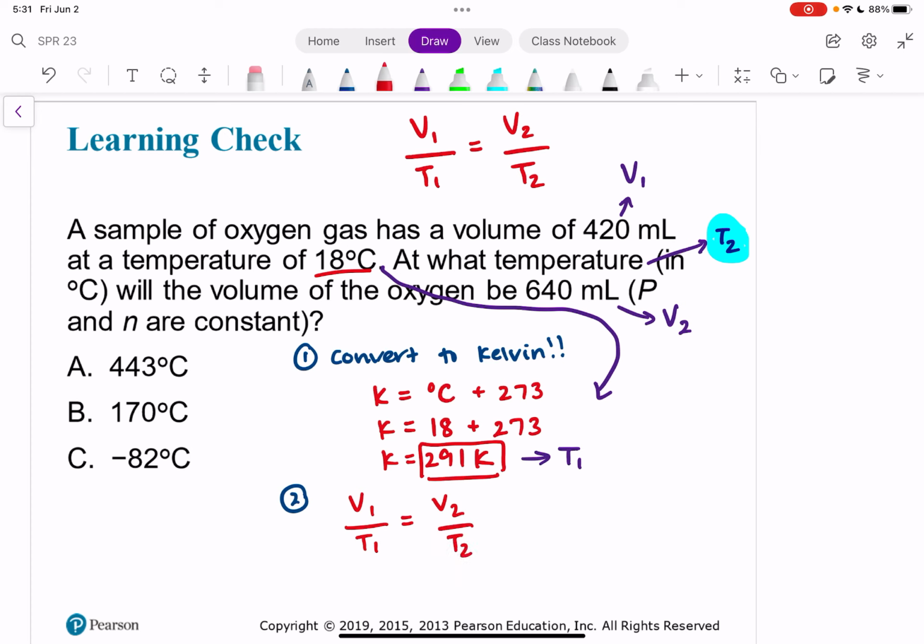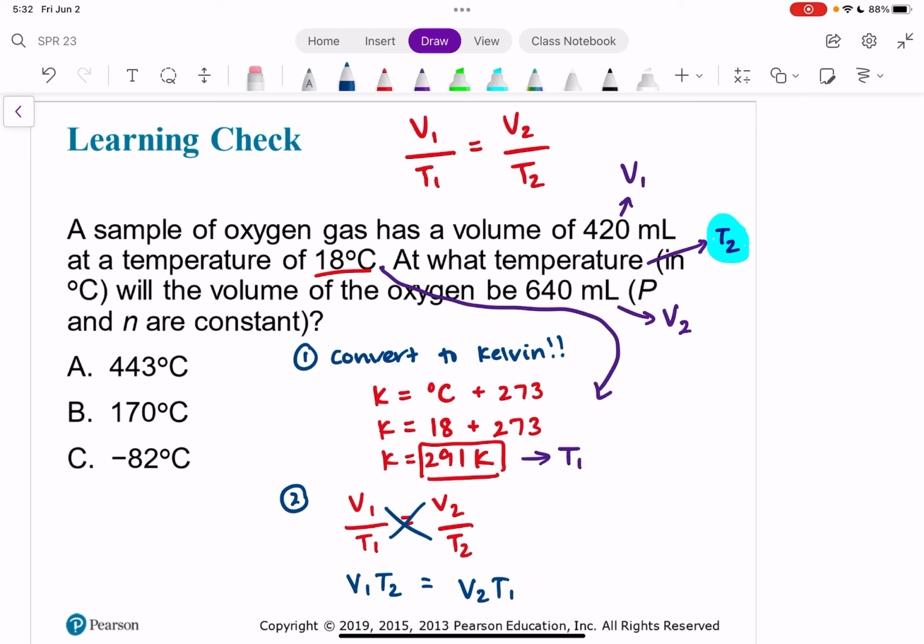I'm going to solve for my unknown variable first. So remember, you can cross multiply in this situation because you've got two things being divided on one side, and on the other side you've also got two things being divided. So we can cross multiply. When we do that, we get V1 T2 equals V2 T1.